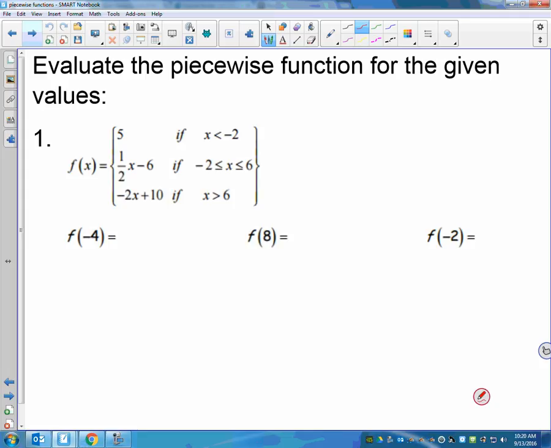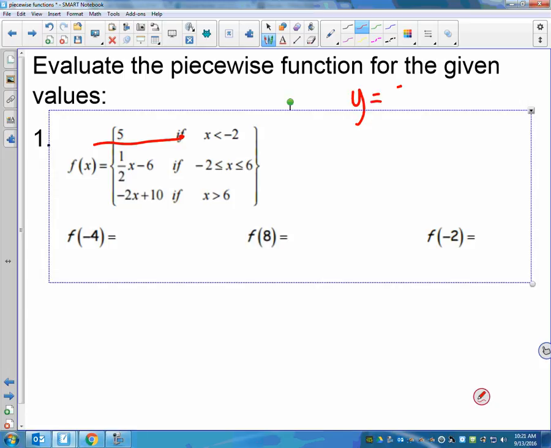Because -4 is less than -2. You see that? So for f of -4, you don't look at any of this. You only look at this top equation, which is just the equation 5. Right? What does that equation look like if you just had y equals 5, like on a graph?